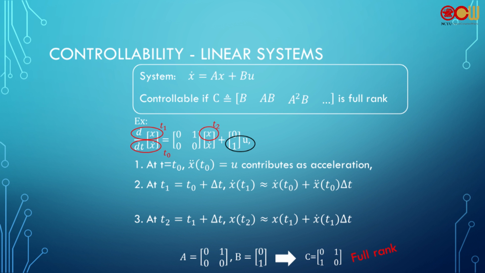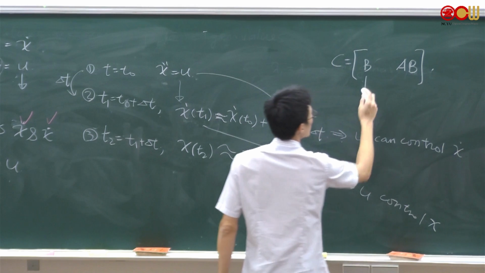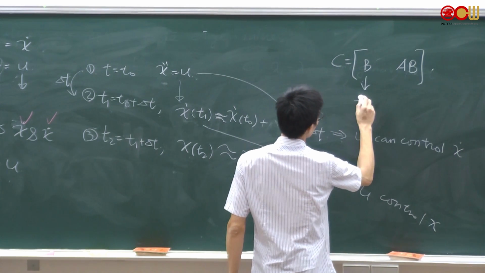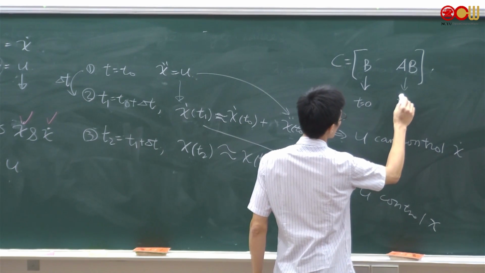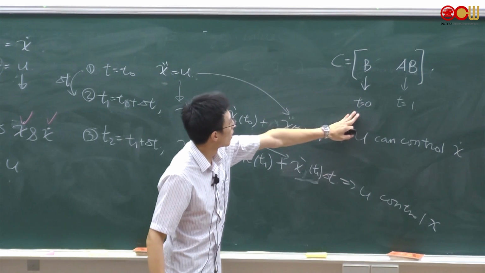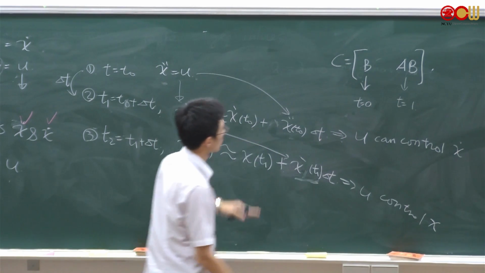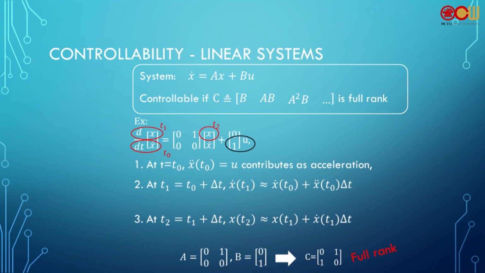So what's the relation between this 3 time step and this matrix? That's because for this column is B, right? Which is B and AB. So at t equal to 0, b is this, 0, 1.